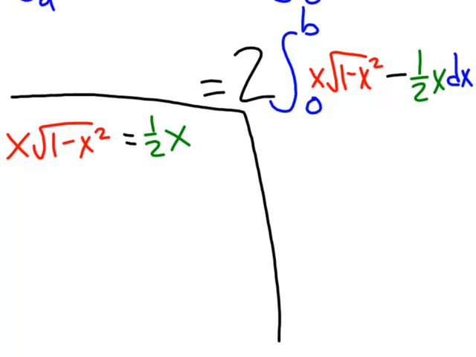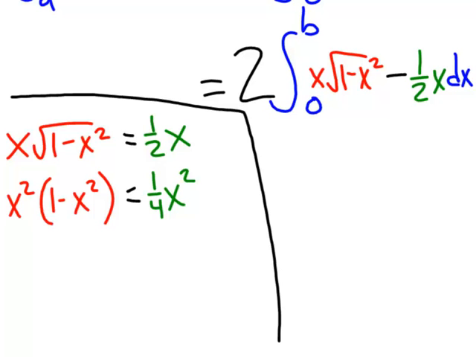In any case, let's start by squaring both sides. That'll get rid of the radical. So if I square the x, I'll get x squared. If I square the radical, I'll get 1 minus x squared. And if I square the right side, I will get 1/4 x squared. Rather than distribute out that left side, let's subtract the 1/4 x squared from both sides, giving us this resulting equation.